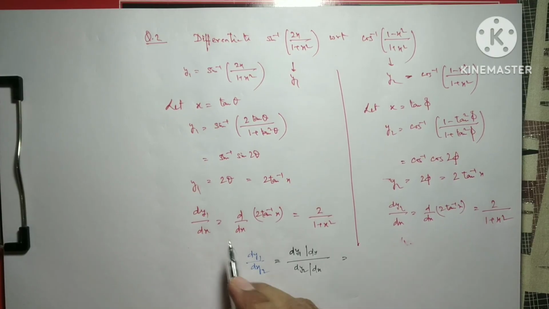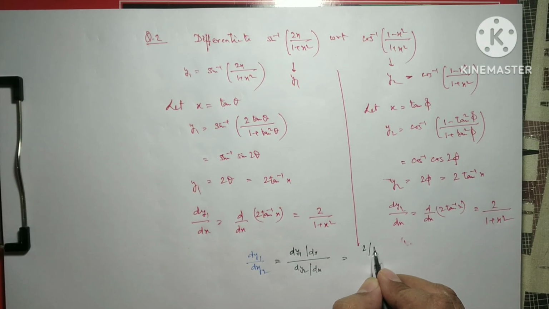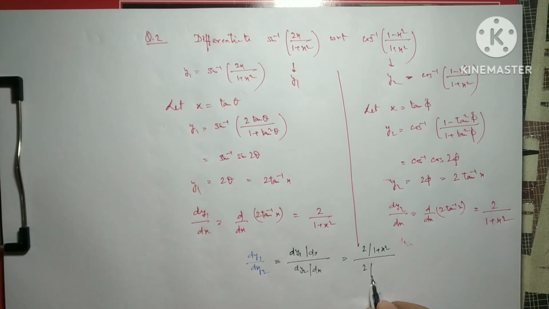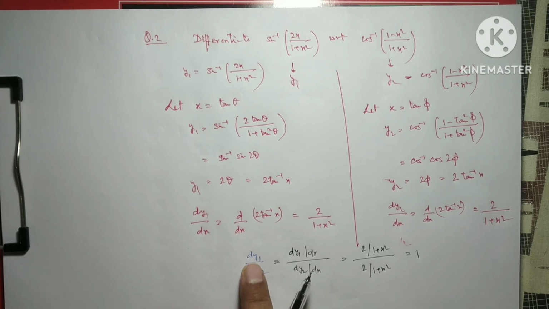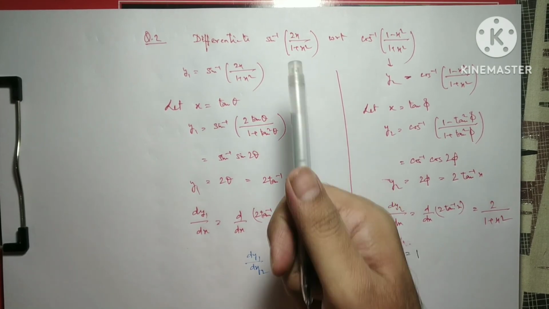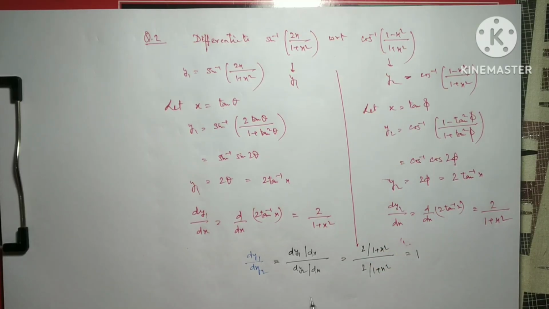So put these values, this value and this value. So it is 2 over 1 plus x square, and this is 2 over 1 plus x square. So we get 1. So the differentiation of y1 with respect to y2, means cos inverse 1 minus x square over 1 plus x square, is 1. So this is your answer.